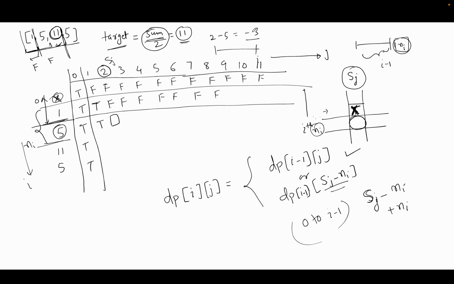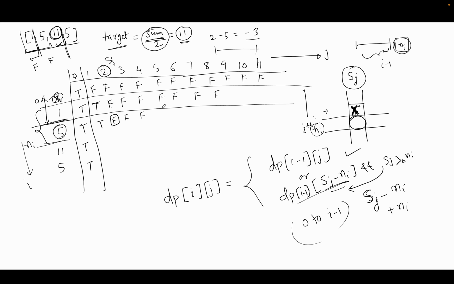If it's less than 0, we don't even need to check. So we can add a check, and this check should come before the calculation. So Sj should be more than or equal to Ni. Clearly that's not the case. So false and false.